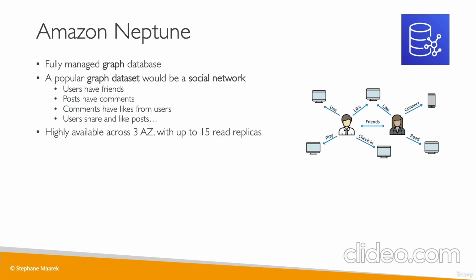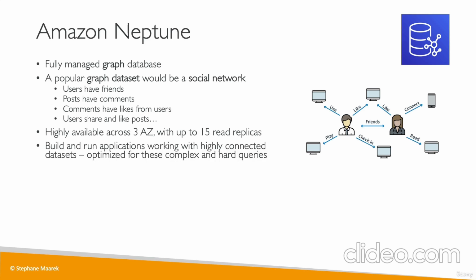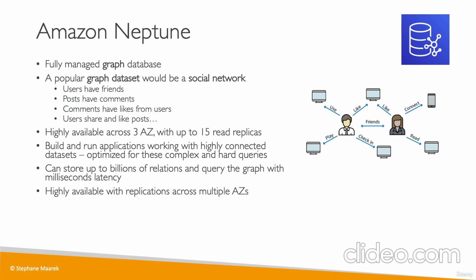So Neptune has replication across 3 AZ, up to 15 read replicas. It's used to build and run applications that are going to be with highly connected datasets, so like a social network. And because Neptune is optimized to run queries that are complex and hard on top of these graph datasets, you can store up to billions of relations on the database and query the graph with milliseconds latency.